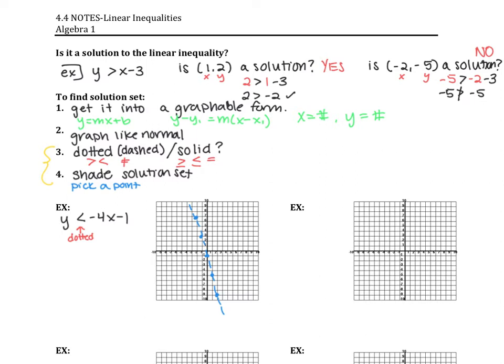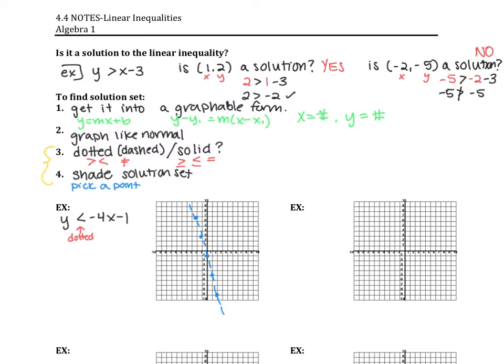Now, the next part that I need to do is shade my solution set. Well, here's what that looks like. See how the line divides the graph into two parts? My solutions are either going to be all of this part or all of this part.